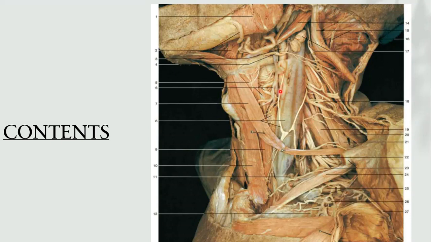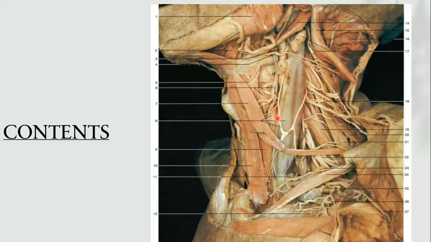So this is the superior root, which is also known as the descendens hypoglossi, in the sense that it contains C1 fibers, and those C1 fibers actually hitchhike using hypoglossal nerve. Hypoglossal nerve is that nerve there. So these C1 fibers hitchhiked through hypoglossal nerve, and then they give you the superior root, and then the inferior root actually comes from the C2 and C3 segments.